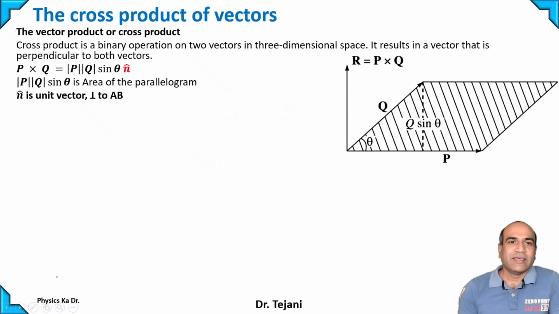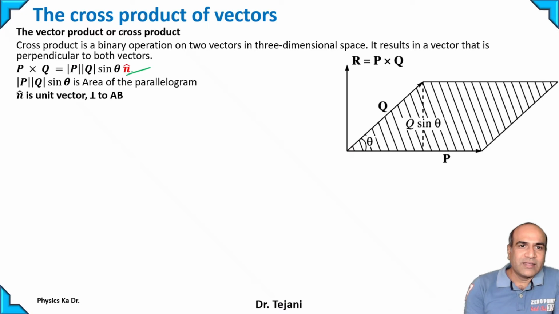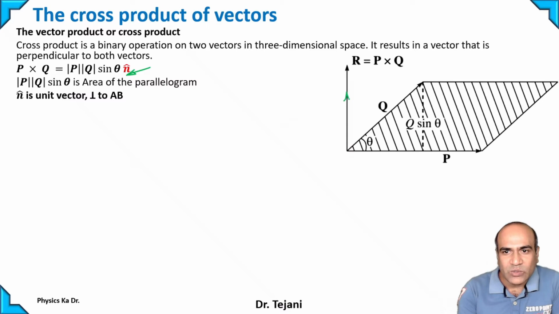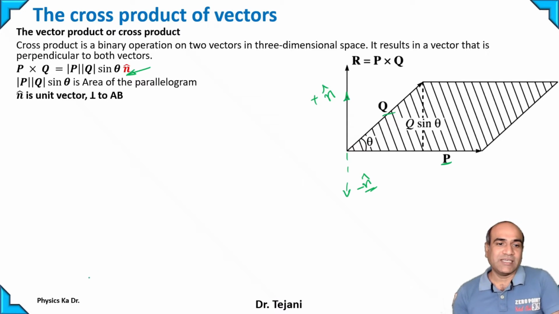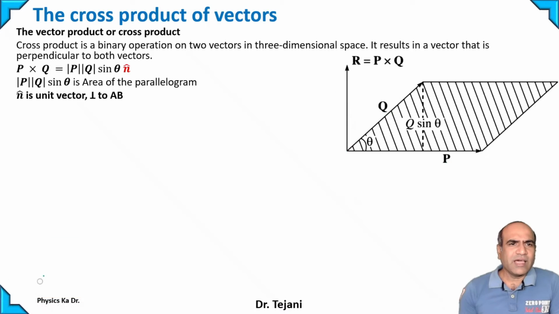Both are having equal and opposite direction, because ultimately it gives us a direction which is perpendicular to PQ. That can be the opposite side, upward side, or whatever the direction it is. Therefore, cross product gives us a vector quantity.